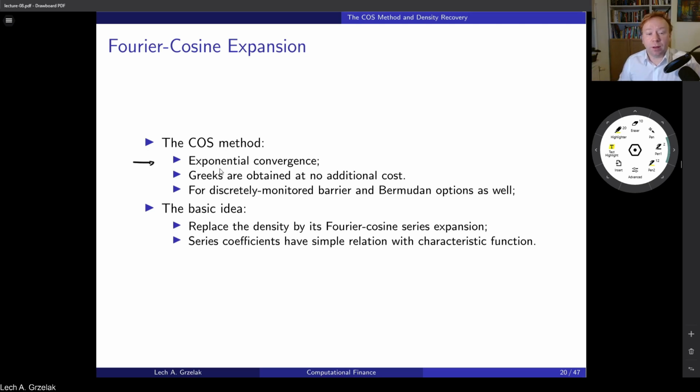If we have a number of terms in that expansion, then the technique converges exponentially in this number of terms. Another great advantage of the technique is that Greeks are obtained at no additional cost.